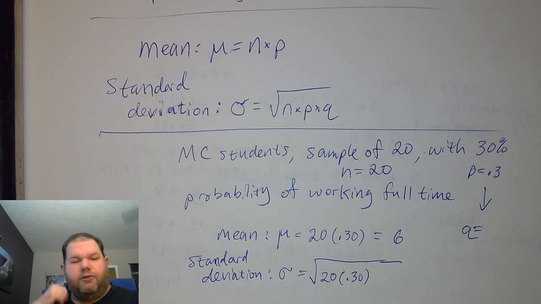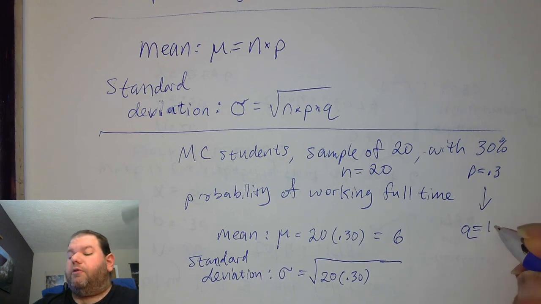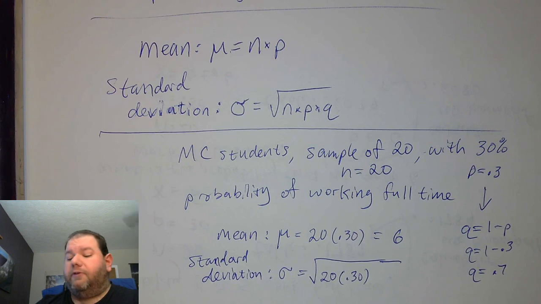I think some of you are misinterpreting what I was saying. That's okay. Remember, for q we take 1 minus p. So 1 minus 0.3, which is 0.7 or 70%.